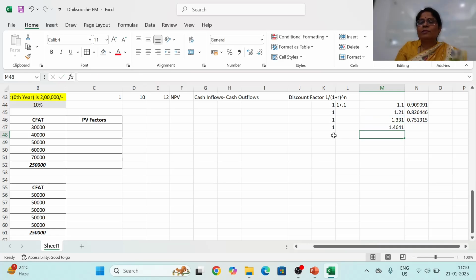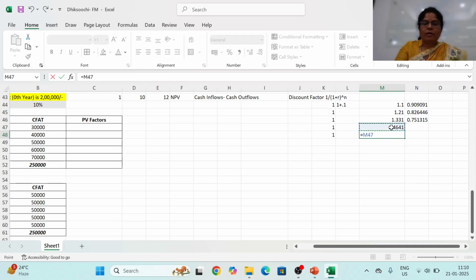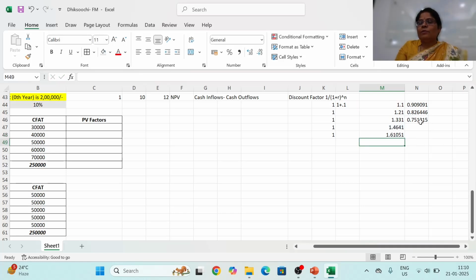Same way for the fifth year: I take the fourth power and one more power, that is the fifth power. The formula is numerator divided by denominator, numerator is 1, denominator is this. Now these are the discount factors.